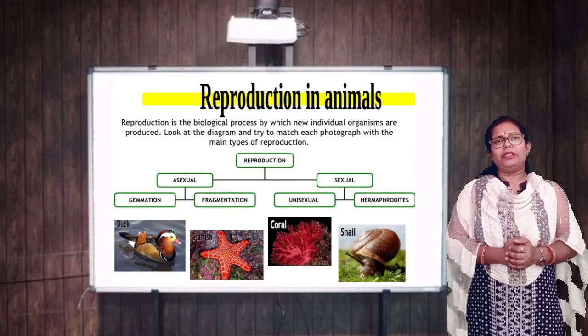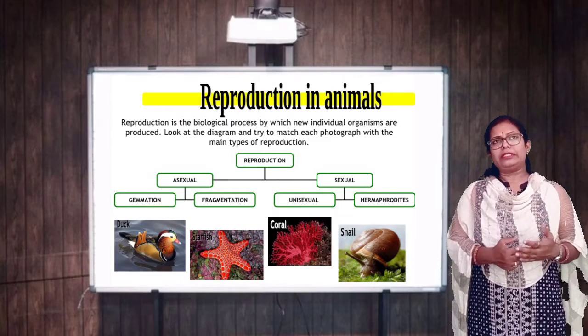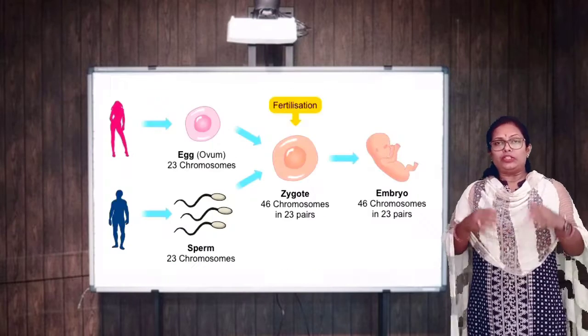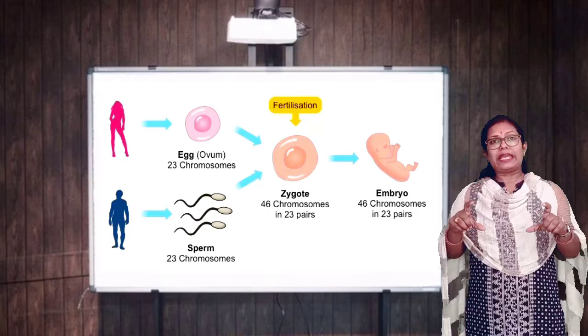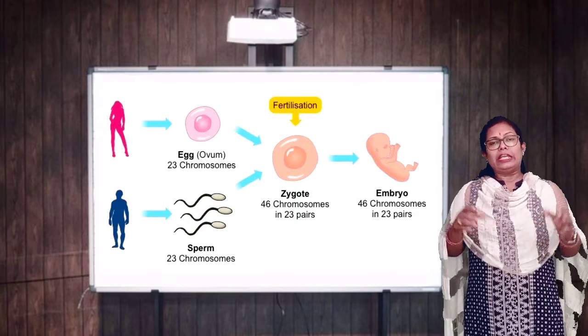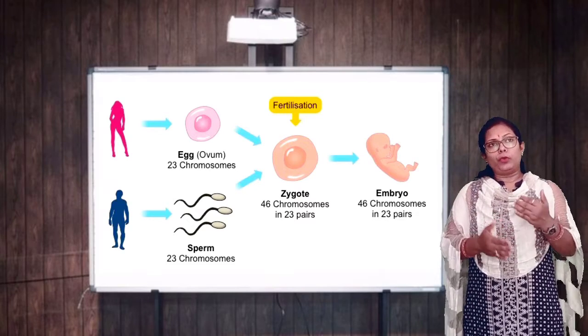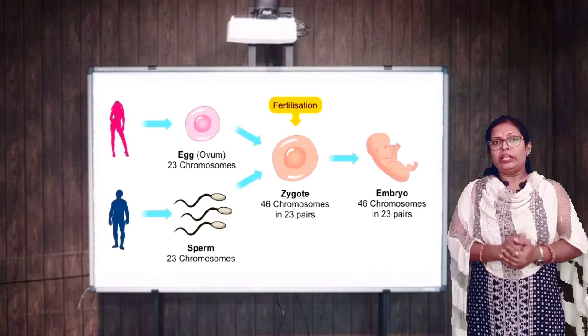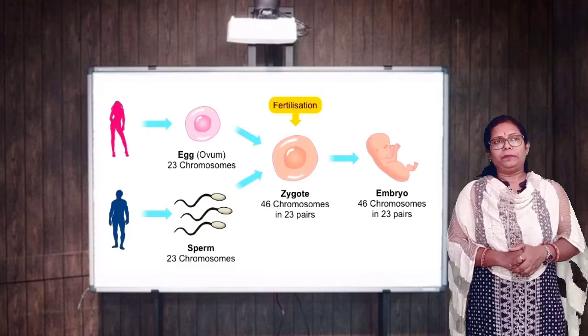In most animals, reproduction occurs sexually, in which two sexes, male and female, are involved to produce a new individual.